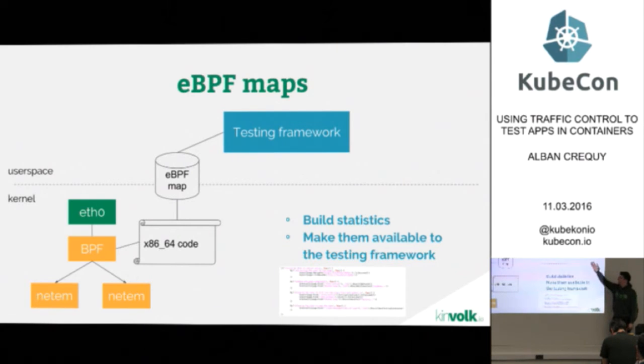And then a userland application can access this map, this hash table, to read what happened, to check the statistics. So I think if we generate some statistics this way, and the testing framework can access it, then we can have a lot of expressive power in the testing framework. So if you remember that Go code to test the guestbook application, I could write conditions based on statistics generated in this way.